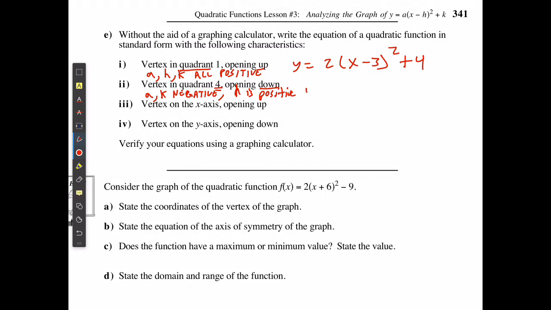So I'm going to have a negative value for a, a positive value for h, and a negative value for my k at the end.